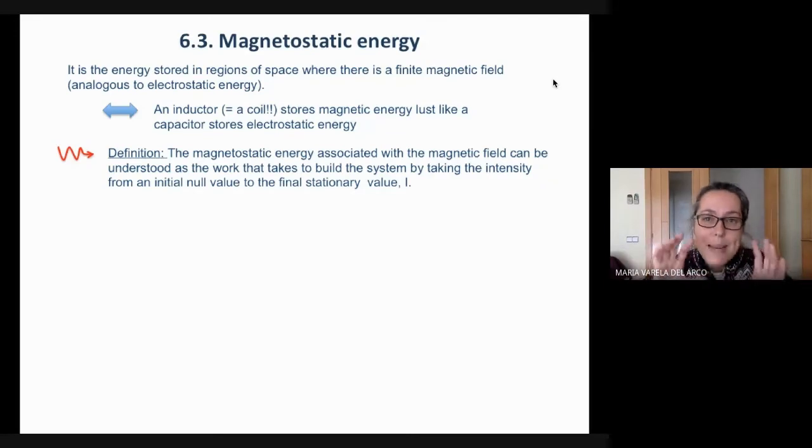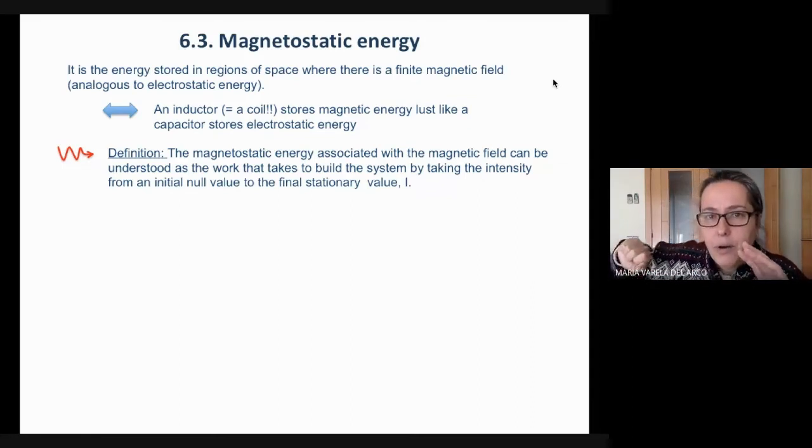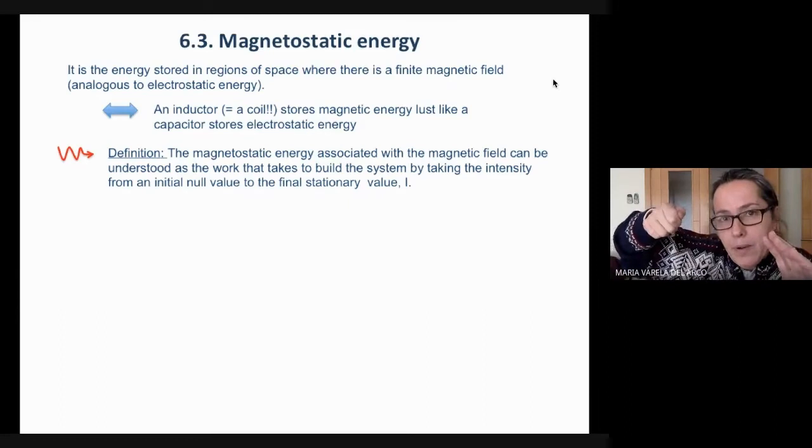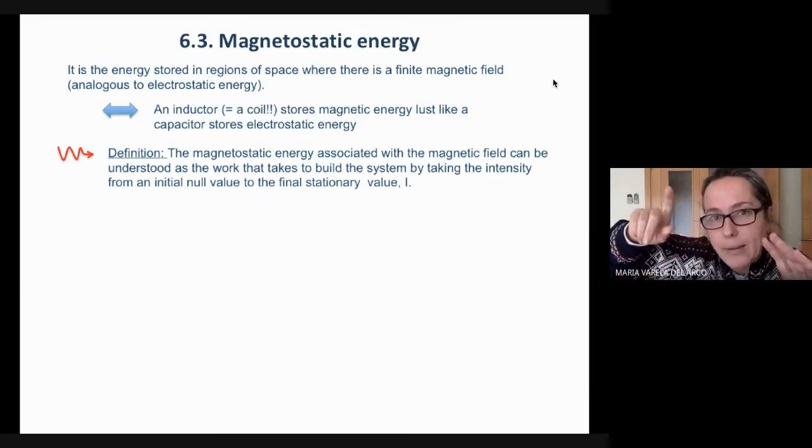How do we build the system? It's a magnetic system, right? We have a coil. How do we build a magnetic field up in a coil? Well, initially, imagine you have an empty coil, right? And then we have an external power source. We turn on a voltage. An intensity that initially was 0 starts ramping up until it reaches the final value I that we are aiming for. All right.